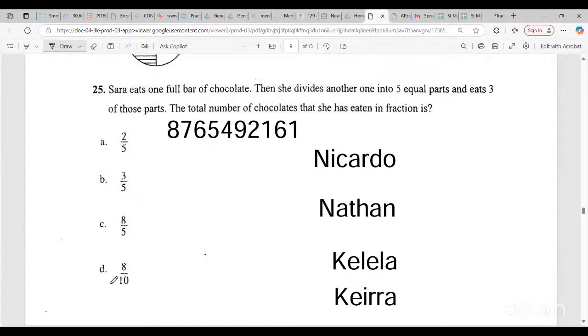Sir, I pick A, sir. Yeah, what's the reason? Sir, in my words, it says Sarah eats 1 full bar of chocolate, then she divides another one into 5 equal parts and eats 3 of those parts. The total number of chocolates that she has eaten in fraction is... So she divides another one into 5, sir.